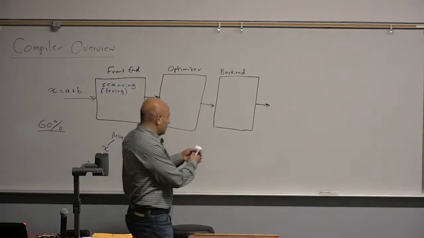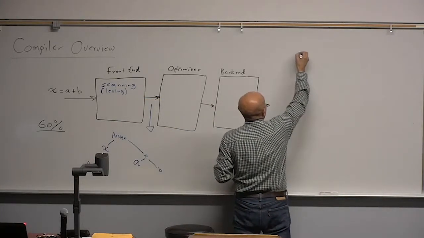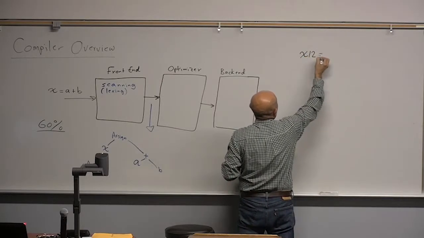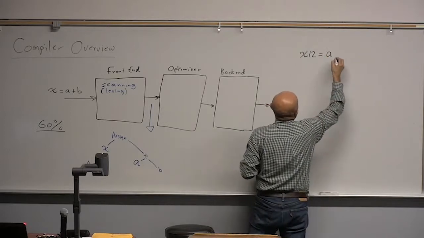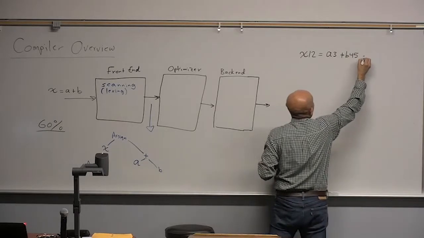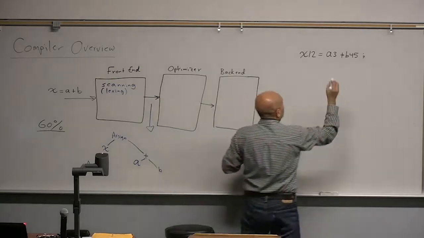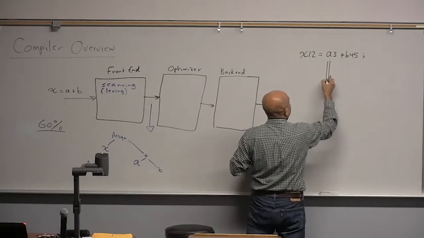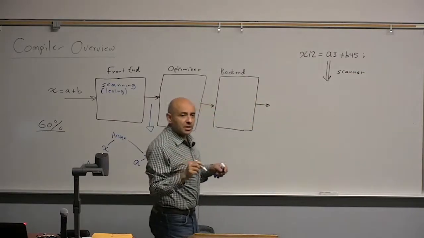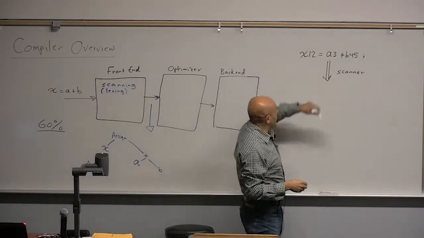So for example, to be specific, if we have something like x12 equals a3 plus b45, if you have something like this, what the scanner does, it will identify the different tokens, the different words that this string consists of.